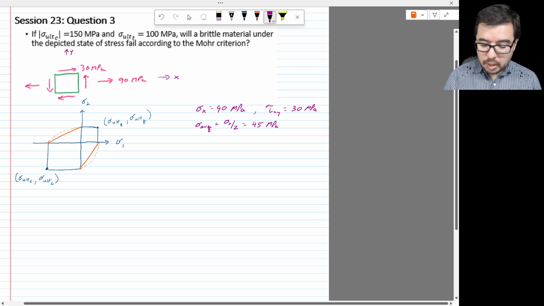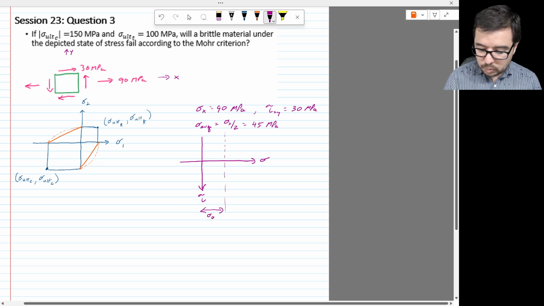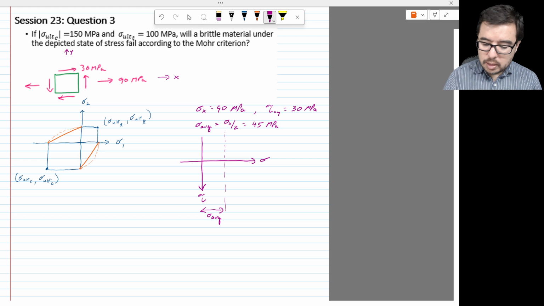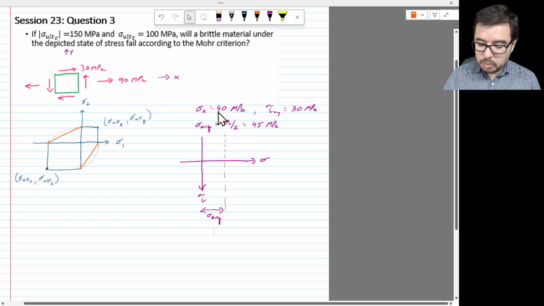And we can draw our sigma, tau axes, putting the sigma average like that. Then we come out over here. Sigma x and tau xy are both positive.